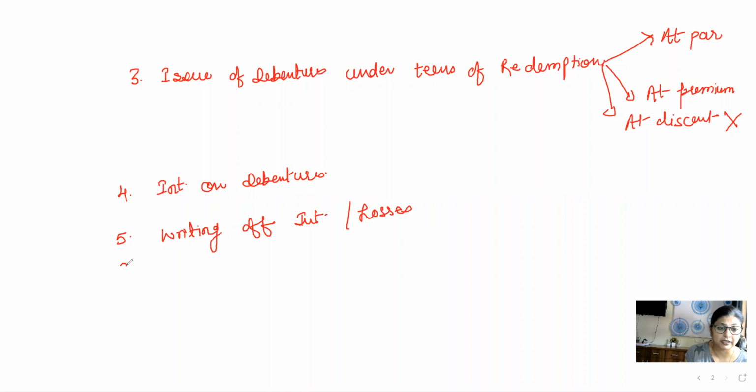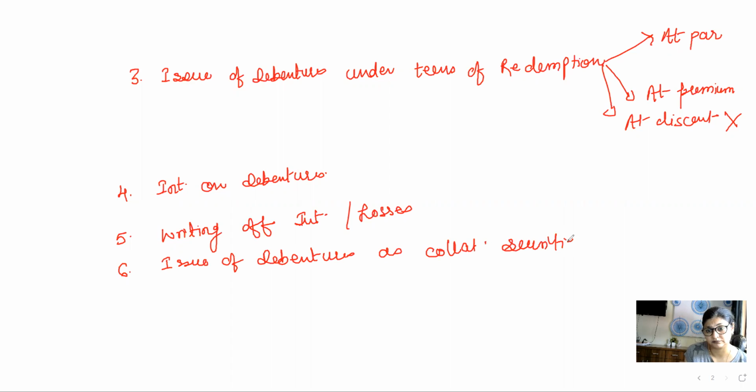Then the last topic is issue of debentures as collateral securities. Collateral security means when the company takes a loan from various financial institutions or banks, then at that time the company has to give actually 2 securities.